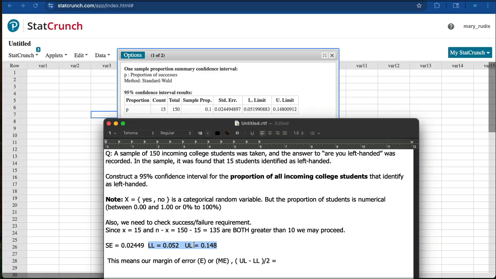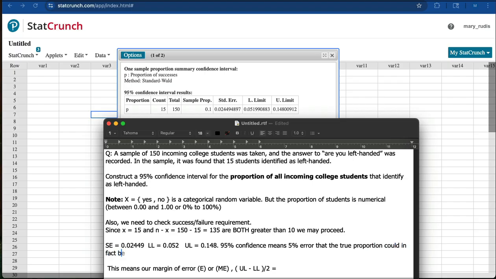just took a sample. We don't know what the true proportion is, but we're basically saying that with 95% confidence, so 95% confidence also means that there's a 5% error, type 1, that the true proportion could, in fact, be outside of that interval.